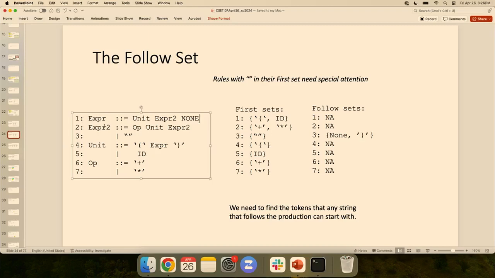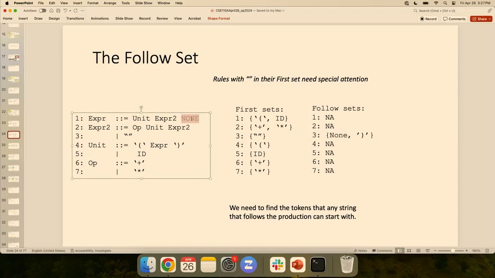With the follow set, you need to say, what can follow an expression 2? So you go over here, do a search for expression 2, and say, what can follow it? Well, there's an expression 2 here. Nothing really follows it there, so that's fine. Actually, then you come up here and say, an expression 2 is here. Well, what can follow that? Well, none can follow that.